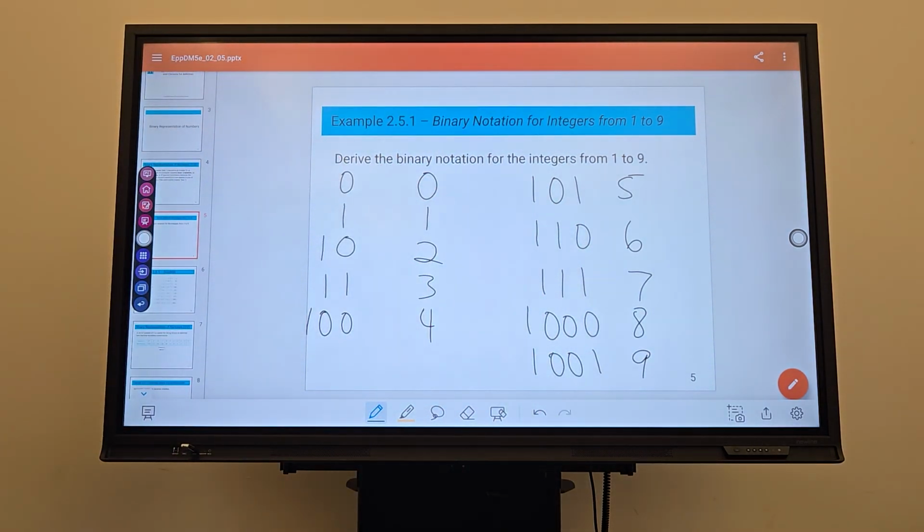Now that combination of 10 digits and 10 binary representations is sometimes referred to as BCD, or binary coded decimal. The decimal numbers just represented in binary, as opposed to something we'll get to in just a little bit. But that's how you count in binary.